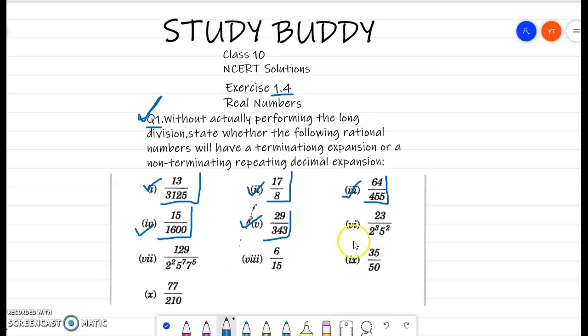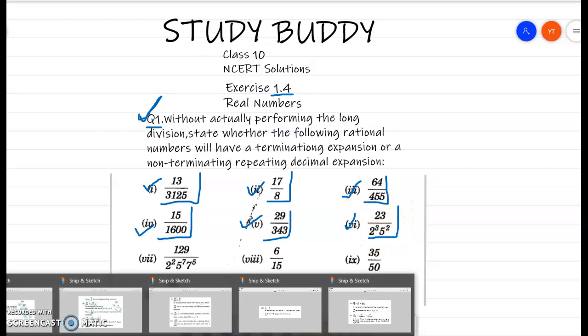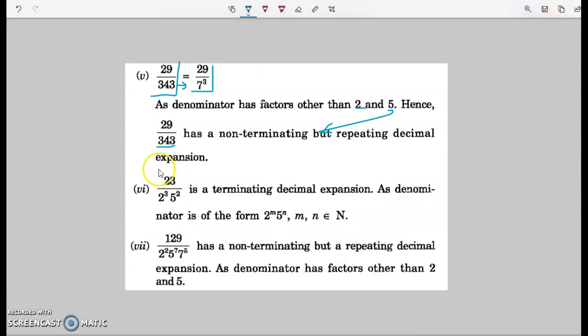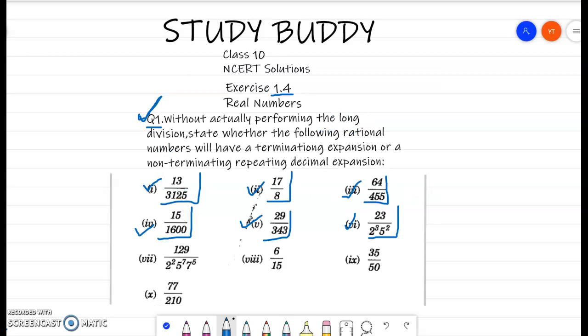Moving on to the sixth question, that is 23 by 2 cube into 5 square. For this one, I'll consider 23 by 2 cube into 5 square to be a terminating decimal expansion, since the denominator is of the form 2 power m into 5 power n, where m and n always belong to natural numbers.